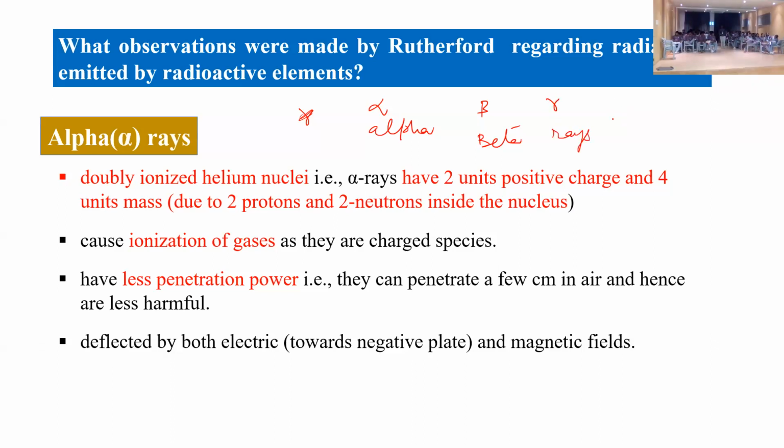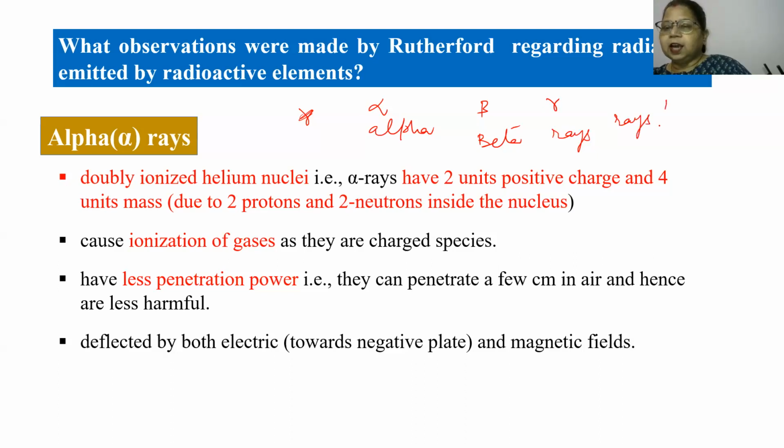In this sense, ray and particle have the same meaning because particles are the constituents of rays, right? So the substances which are naturally radioactive, and if they are made artificially radioactive, will be emitting three types of rays. One is called alpha rays, the other one is beta, and the third one is gamma rays, right?